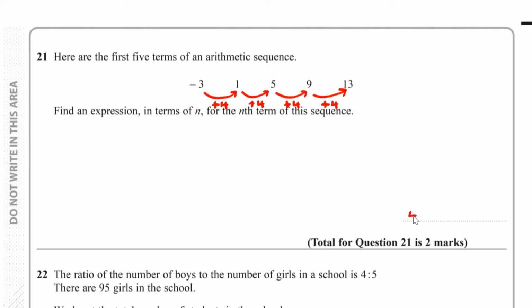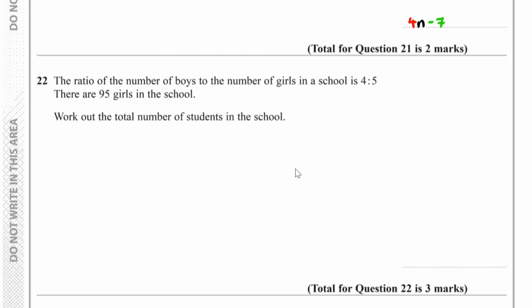So we would have a 4n, and if we add 4, then the 0th term can be obtained by subtracting 4. Negative 3 subtract 4 is negative 7. So we have 4n subtract 7.